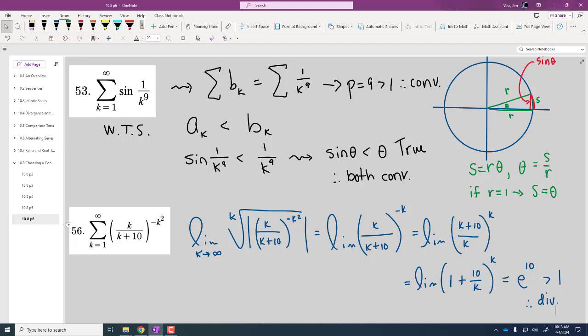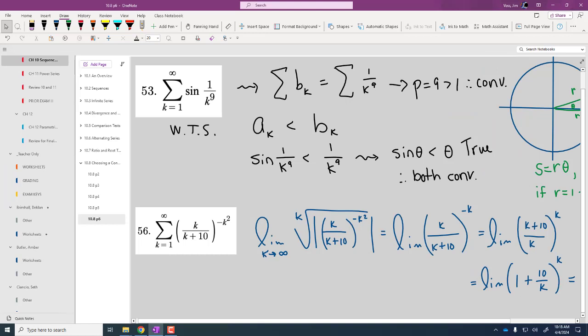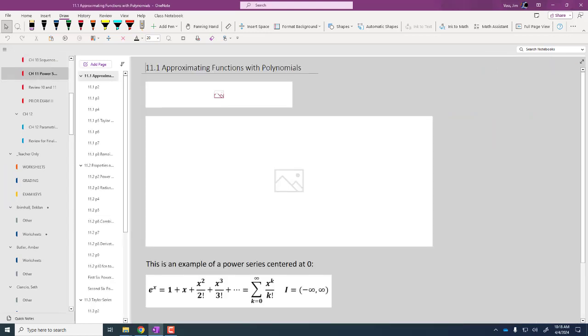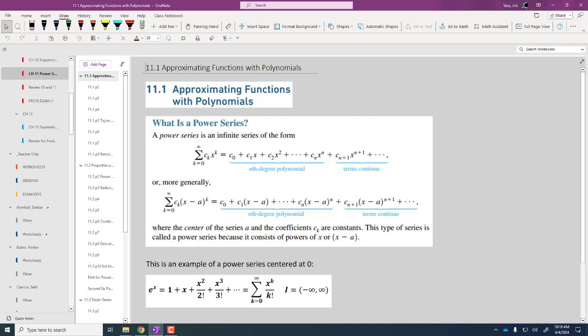So now we're not looking at random infinite series like Fourier series where you have an infinite series of sines and cosines, which you will get to. We are going to be looking at infinite series of powers of x, hence power series. Power series meaning a series of powers of x.